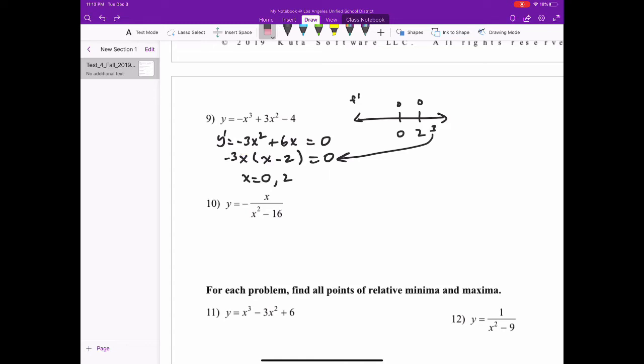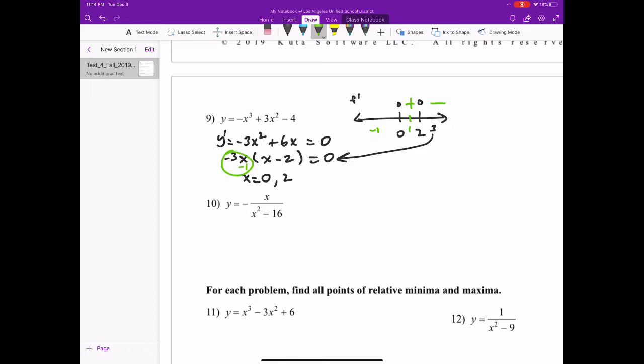I mean negative. And then if I pick a number like 1, if I plug in 1 here, 1 and 1, that's going to be a negative and a negative, which leads us to be a positive. If you give me a number on the left side, let's say negative 1 or negative 3, it doesn't matter. That's going to be a positive here, that's going to be a positive.